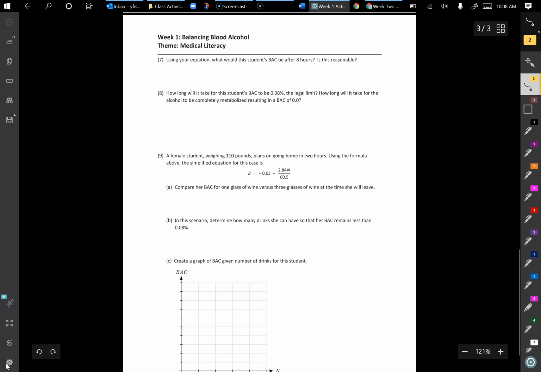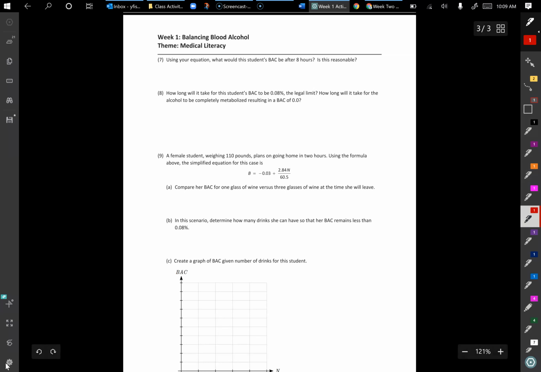So number 8, how long would it take for this student's BAC to be 0.08%, the legal limit? How long will it take for the alcohol to be completely metabolized, resulting in BAC of 0? So I'm going to use the simplified equation. If you don't want to see that yet, don't look, but I have to kind of guide you on this one.